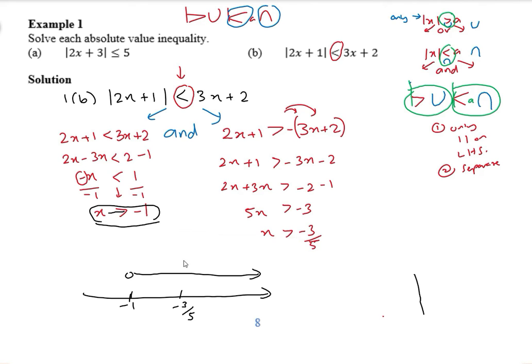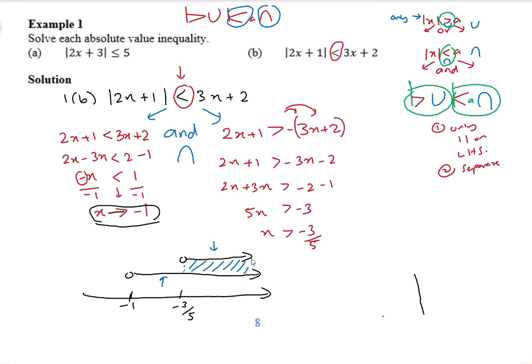The same for x greater than -3/5, arrow to the right with an empty circle. And this means it's the intersection. When you want to find the intersection, just push these lines together and see where they meet. They meet only at this region.